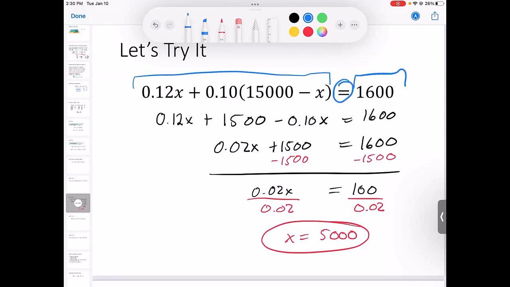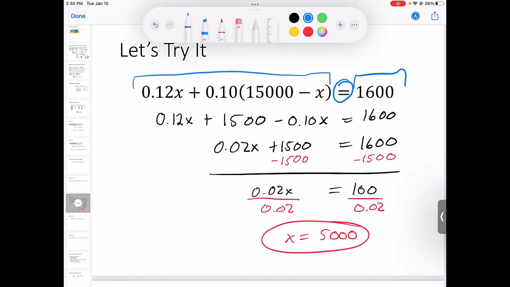This expression can't be simplified because it's just a single number. But this one can be simplified quite a bit by distributing the 0.10 to the stuff inside the parentheses, which gave us this. Once the parentheses were gone, we had 0.12 x's and negative 0.10 x's. When we subtract that, we get 0.02 x's. And then the 1,500 couldn't be combined with anything.